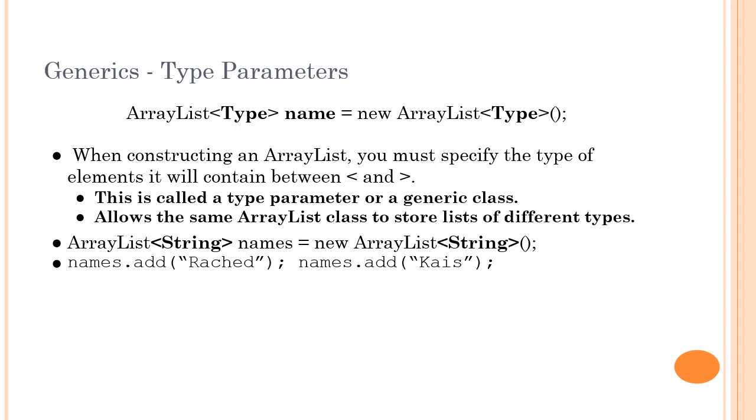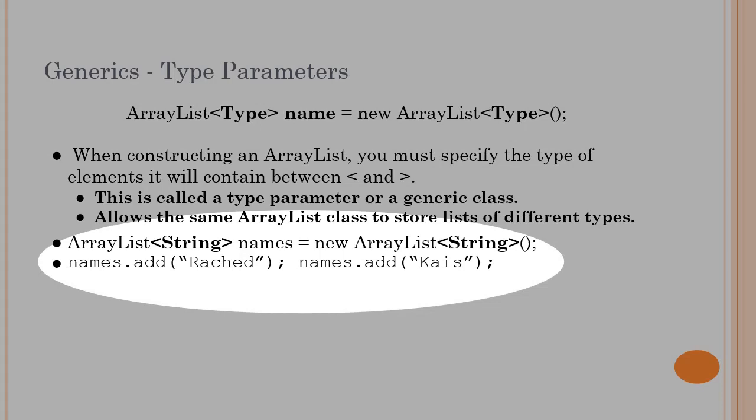So this is called a type parameter or a generic class. It allows the same ArrayList class to store lists of different types. For example, if we want to have an array list of strings, the declaration should be as follows.